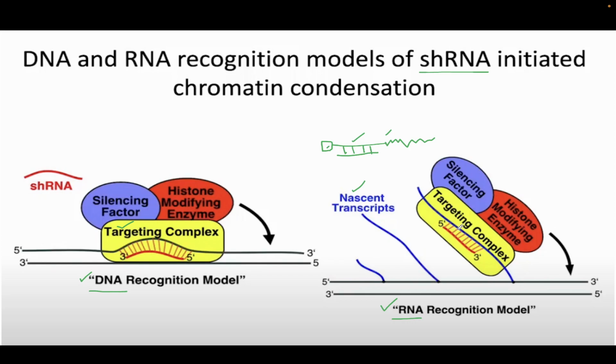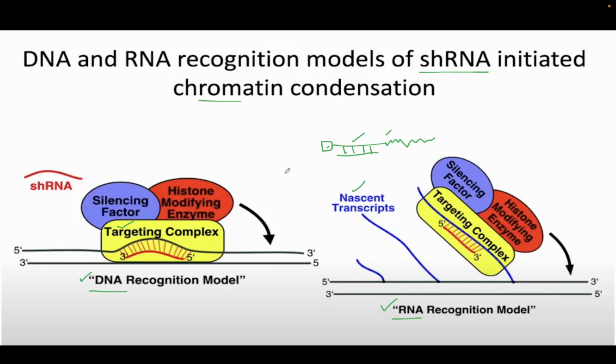This is your target complex. Now this targeting complex, silencing factor, histone modifying enzyme, and your shRNA come here, they form double-stranded base pairing with your target gene, and that will lead to suppression of that particular gene, or we can call it inducing chromatin condensation.